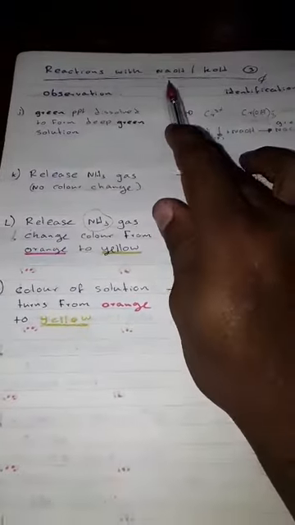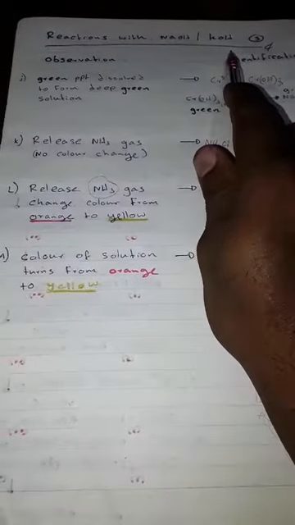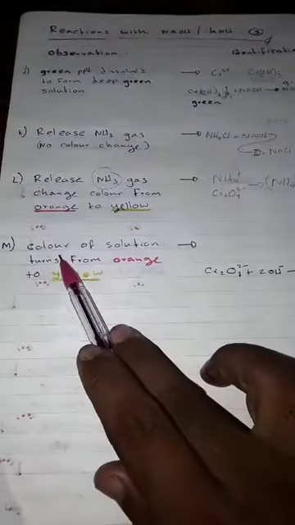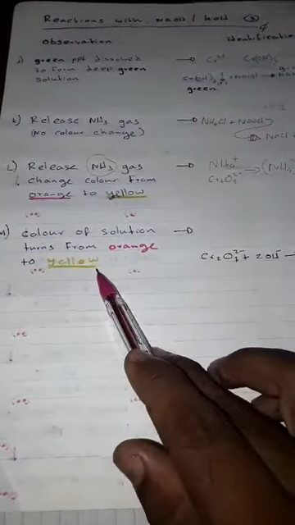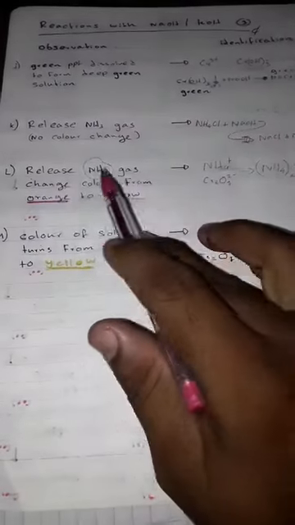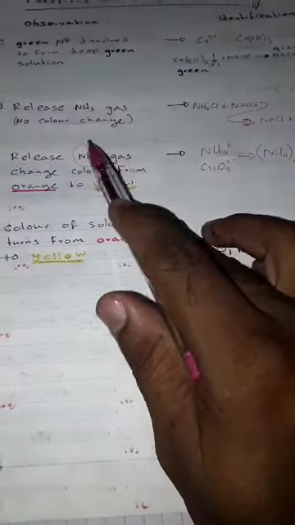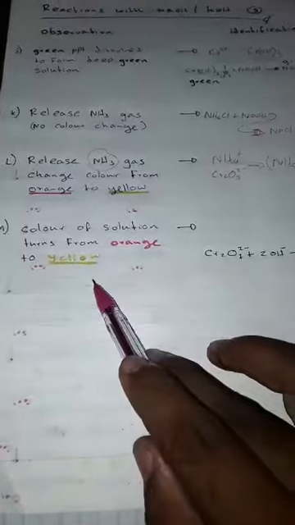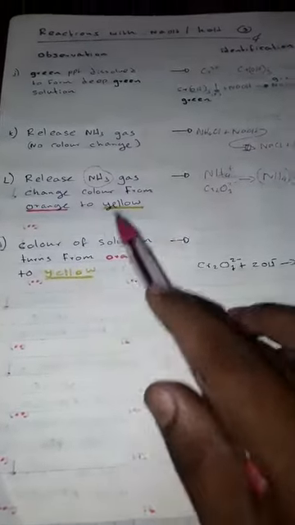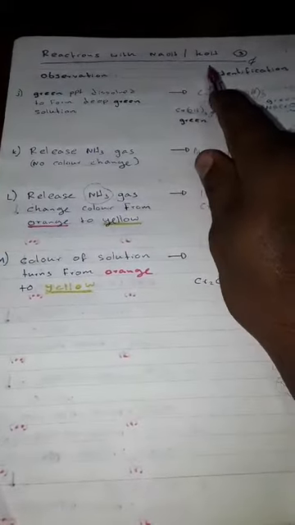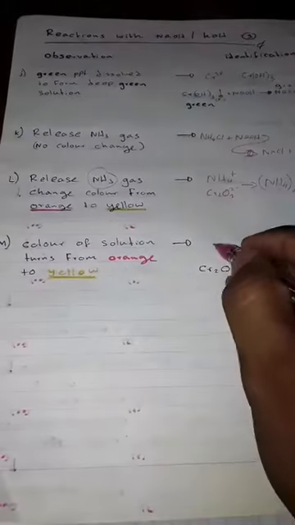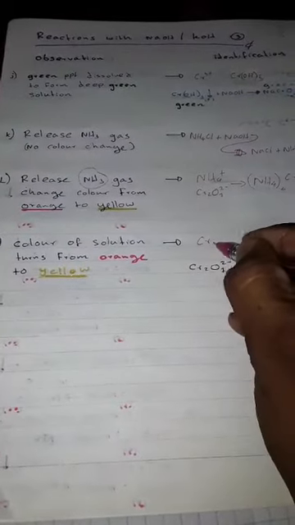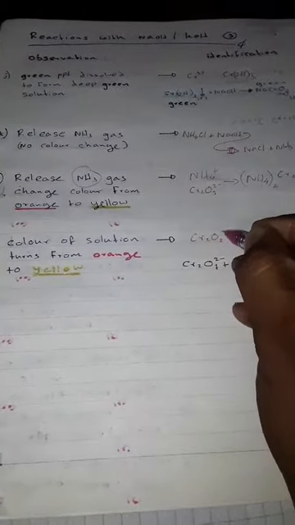The next one: when I add sodium hydroxide or potassium hydroxide, if the color of the solution turns from orange to yellow. In the previous case it releases ammonia and turns orange to yellow. Here it only turns orange to yellow in the presence of sodium hydroxide or potassium hydroxide. It turns orange to yellow because dichromate ions are in that solution.